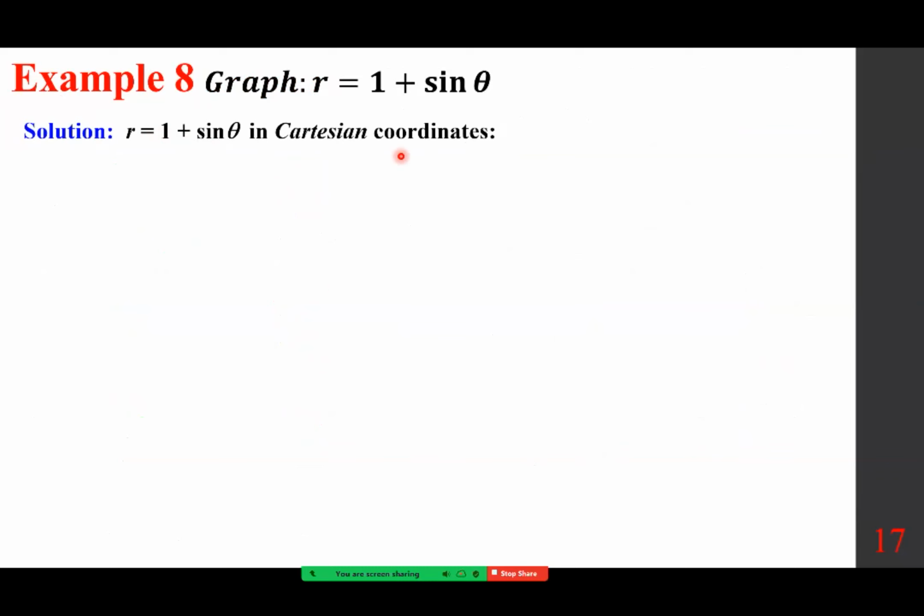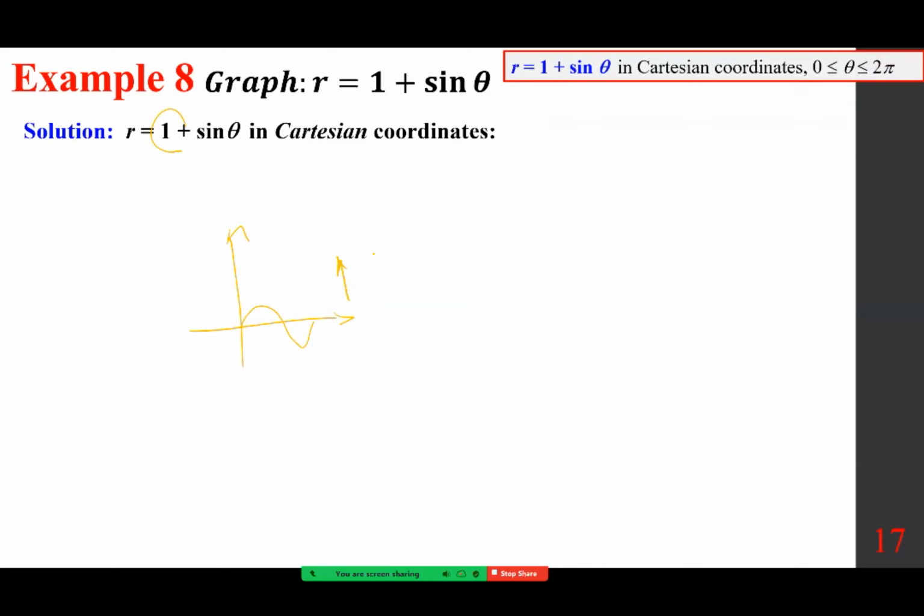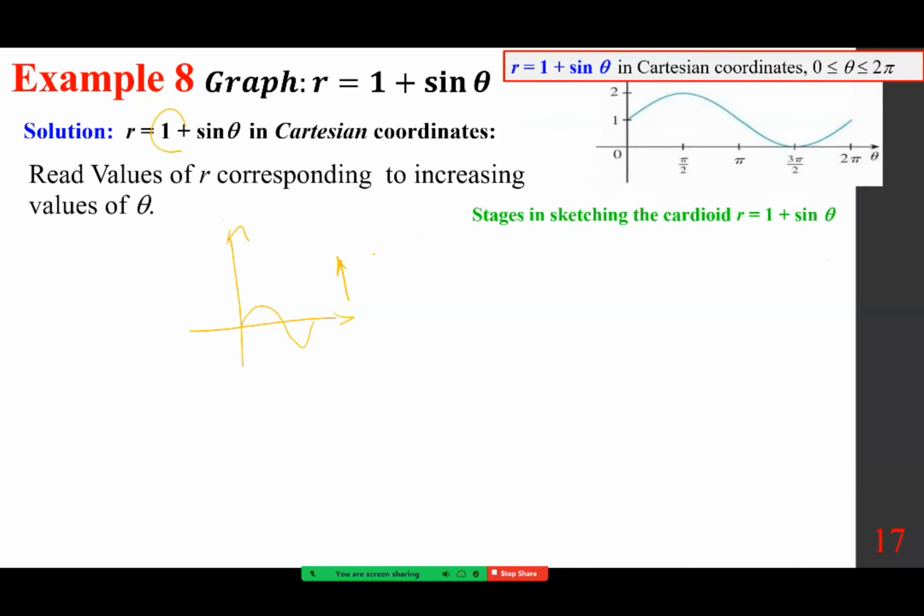If you recall, sine theta looks like that, and you move it up by 1. So let me graph it, then I'll erase it. This is sine theta, right? And then 1 moves it up by 1. So it looks like that. So let me erase it.